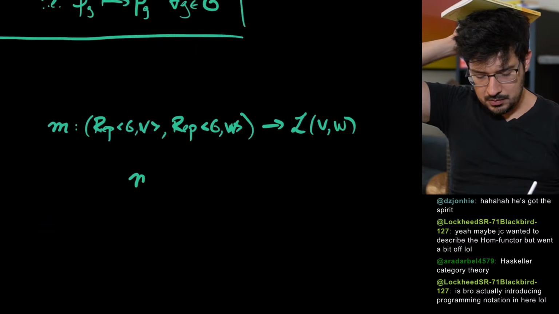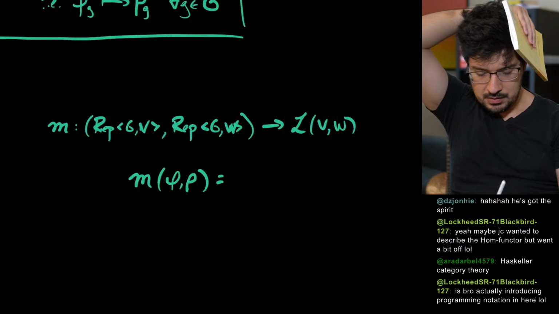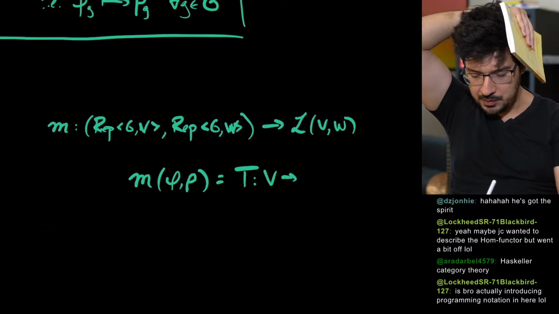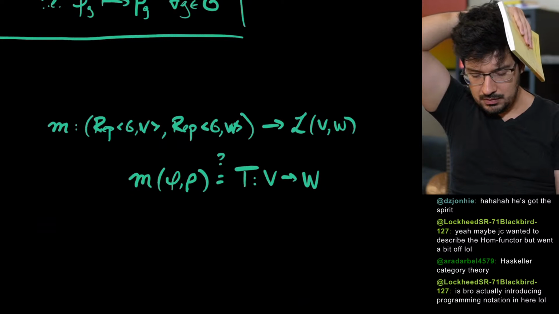So if you're saying that it takes two representations as arguments, then it needs to return something, which I guess would be the transformation between their vector spaces.